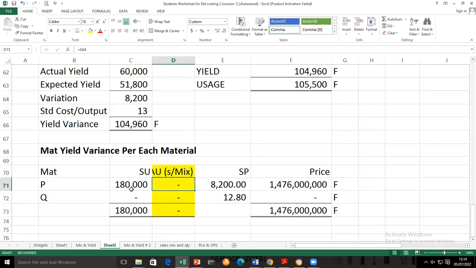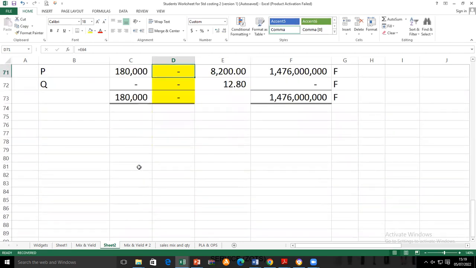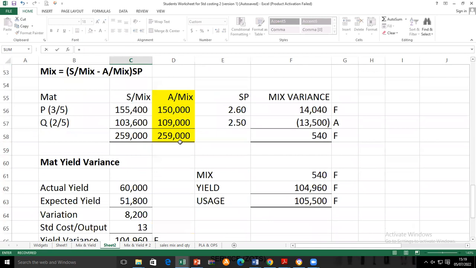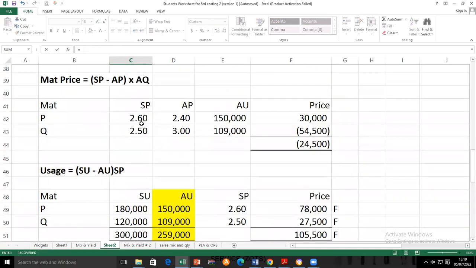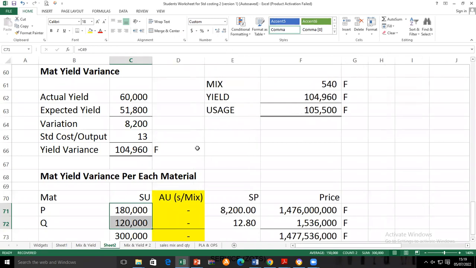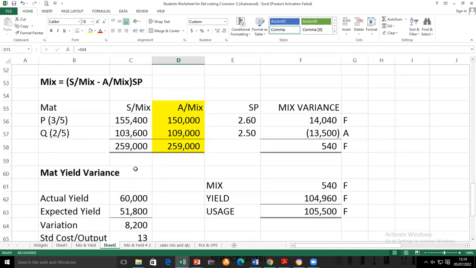Standard usage, you need to pick it to have it here. 180. The standard usage, you pick it here. Okay. Then here, actual usage, but in standard mix, you pick it from here. That's what you call a standard mix.